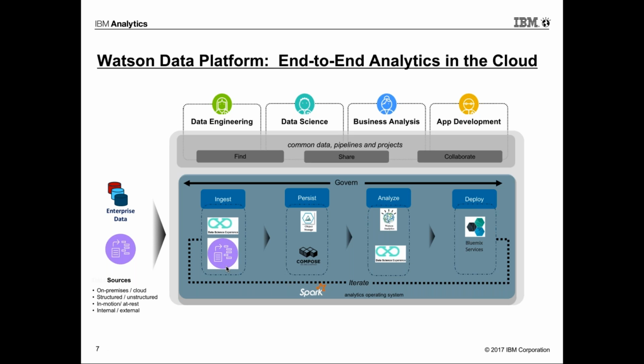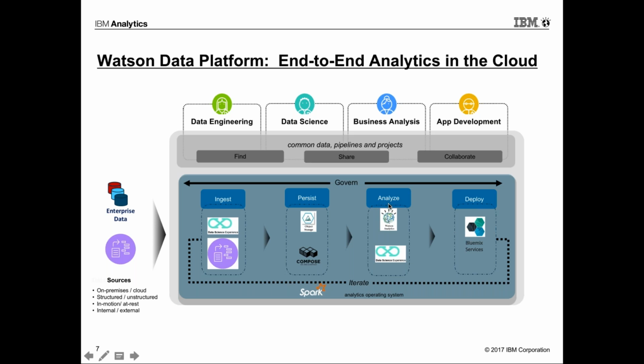I'll go into that shortly, but we're going to use this RESTful API to do this project. For storage, we're going to use object storage and also IBM Compose, which is a collection of fully managed open source databases that can be scaled to suit the needs of a given project.